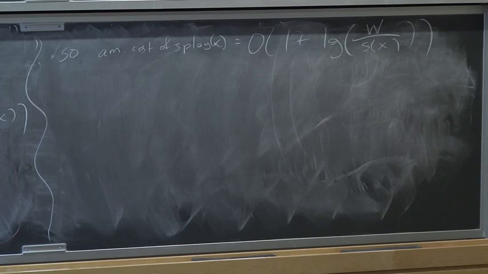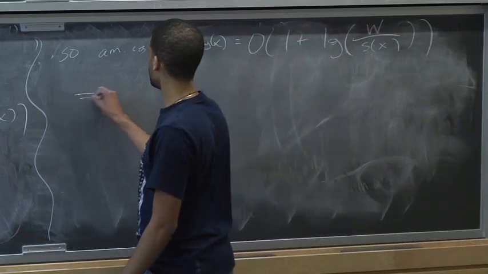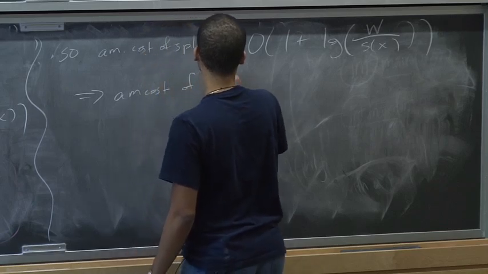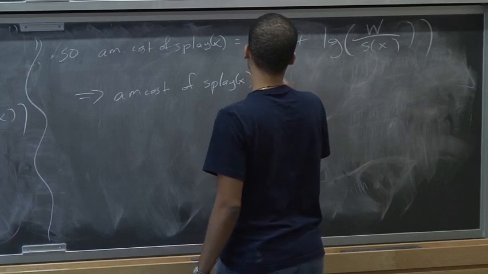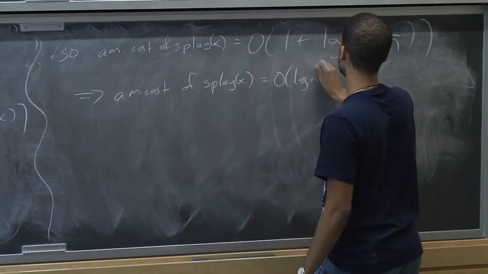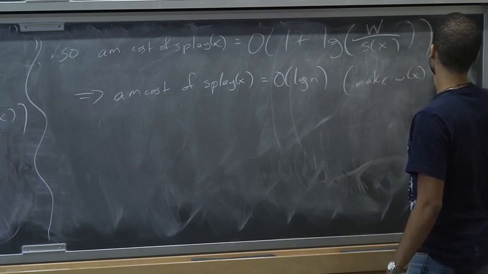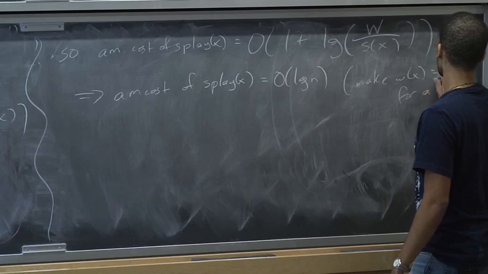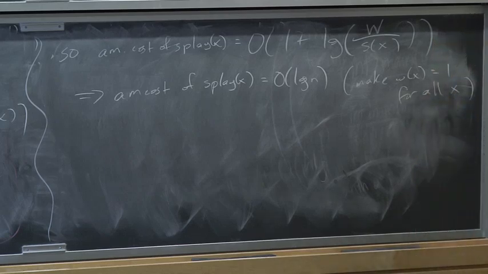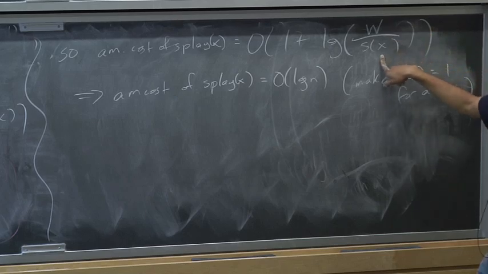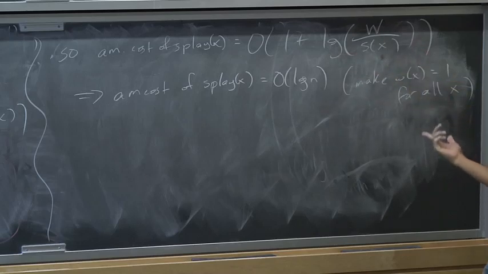If you make all the weights 1, this implies the amortized cost of Splay x is O of log n. Why? Make the weight of x 1 for all x. Then the sum of all the weights is n, and you're dividing by something which is at least 1. So you have log n here.